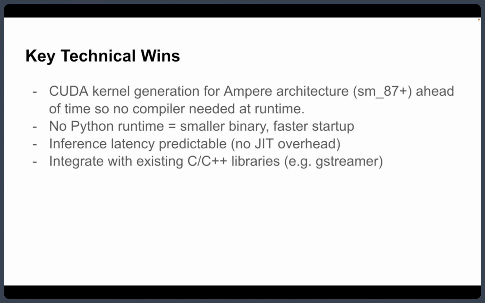It's pretty quick startup, as you can imagine with Rust. Predictable latency because there's no JIT at runtime. It's all precompiled. And you can integrate with existing C++ libraries using something like BindGen, which I've done with GStreamer. For those of you who haven't heard of GStreamer, this is NVIDIA's video interface.